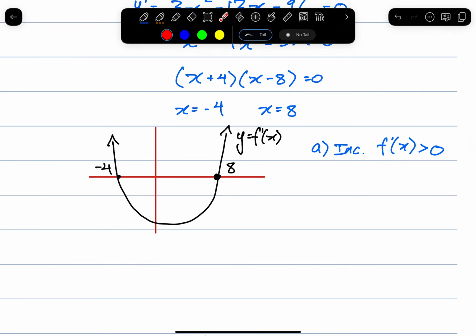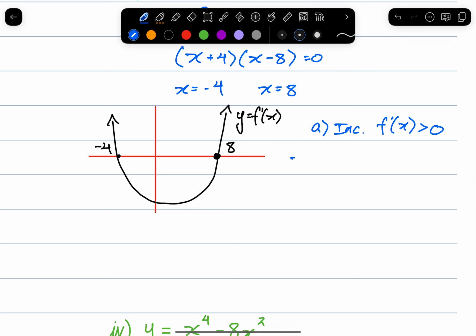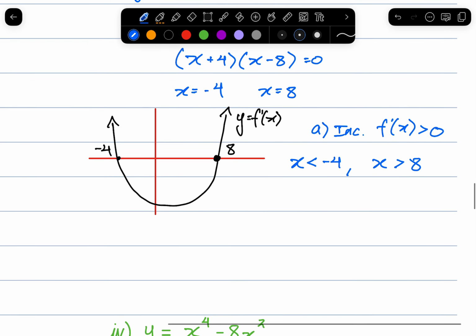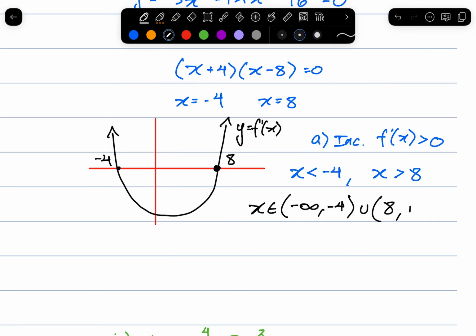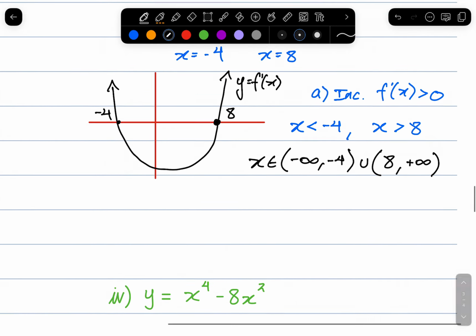So the answer to this in inequality notation is x is less than -4, comma, x is greater than 8. That is our domain in which the function is increasing. I will also write this in bracket notation. -∞ to -4, union 8 to +∞. So this is our solution for increasing.